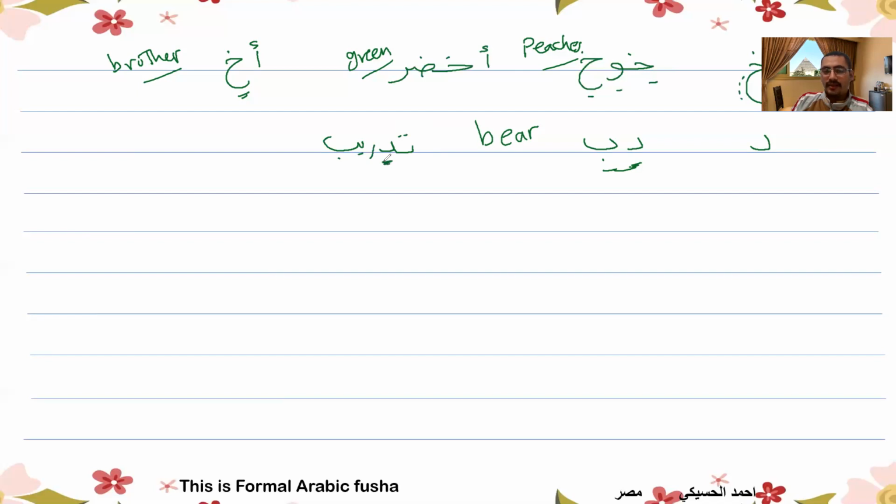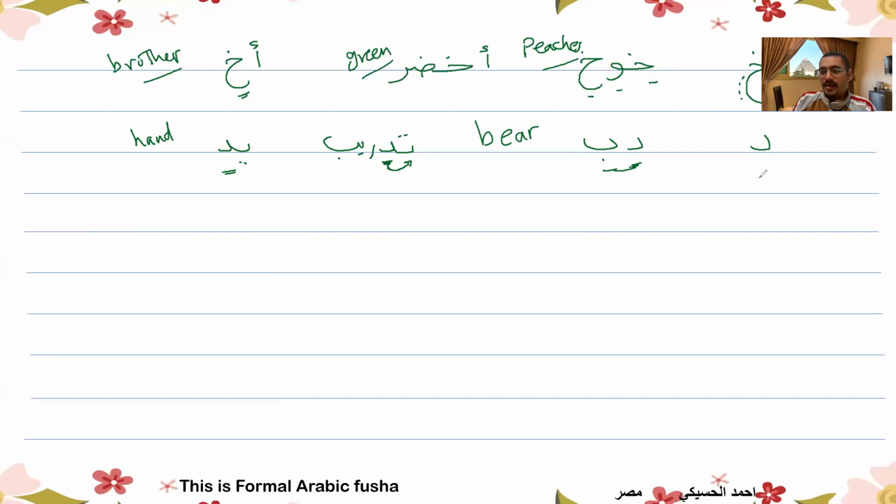So دال is joined to تاء. And in the end, as يد. Hand, in Arabic called يد. So دال is joined in the end as in the middle, and isolated as you see here.